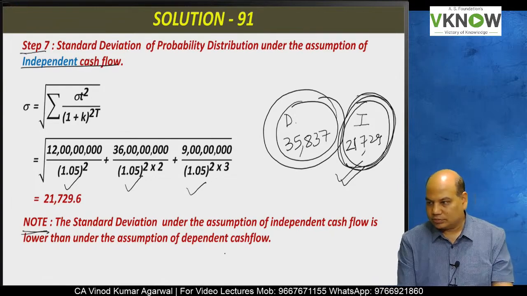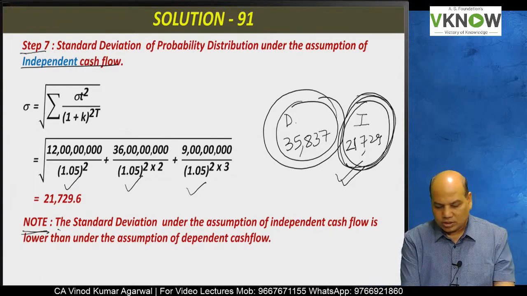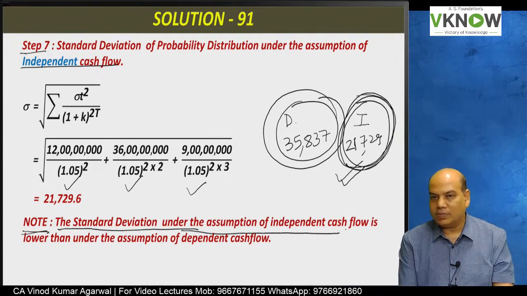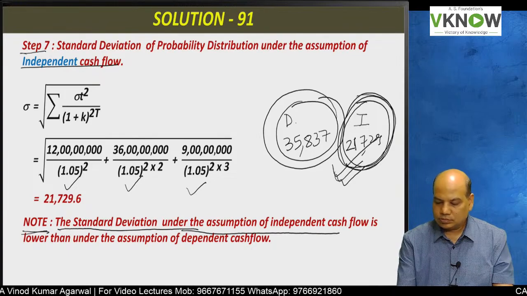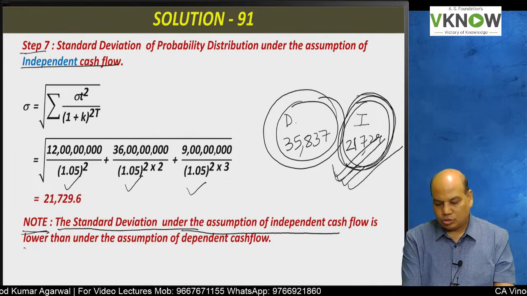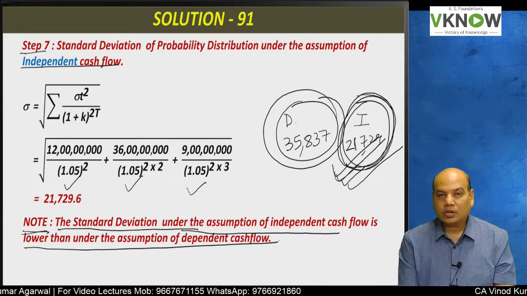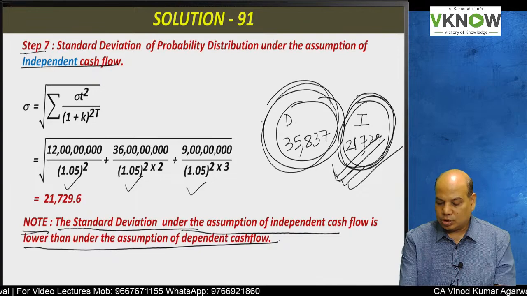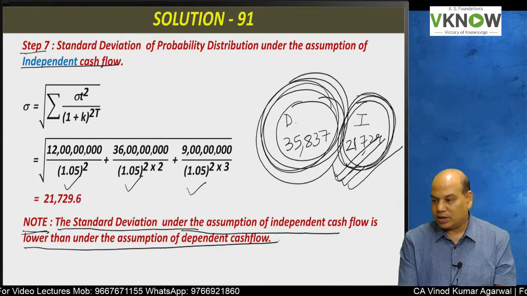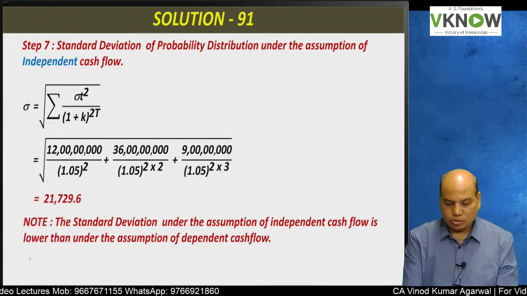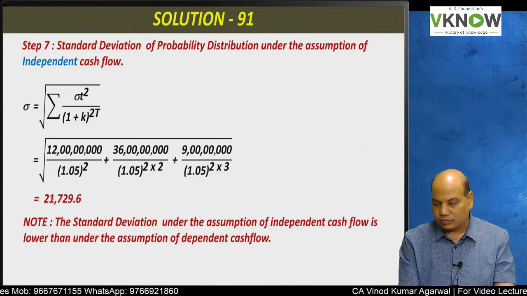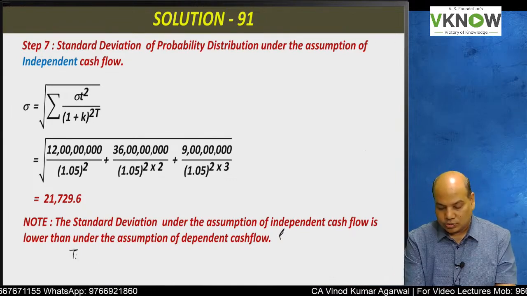So please write, the standard deviation under the assumption of independent cash flows is lower than under the assumption of dependent cash flows, and this is only tutor's note.